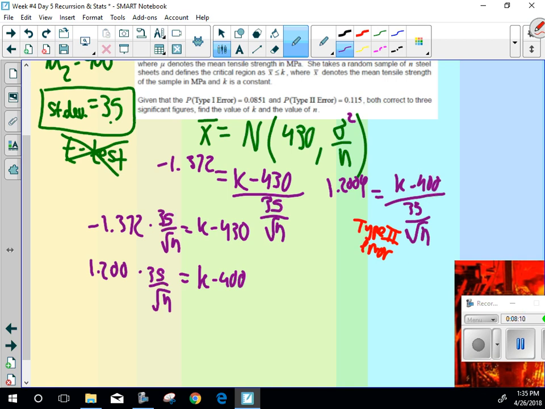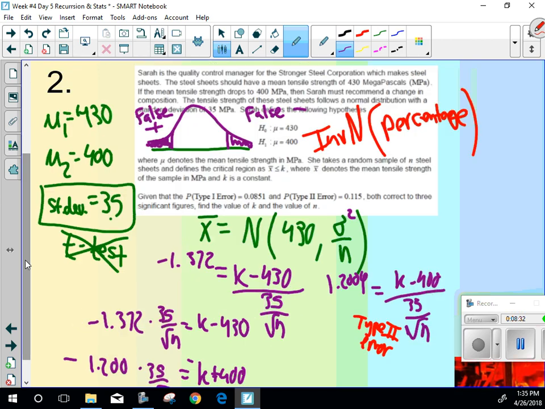Yeah, why not? Love it. Do it. So this is going to be negative 430 plus 400, which is negative 30. On this side, you're going to get negative 2.572 times 35 over the square root of n, and you should be able to solve for n.